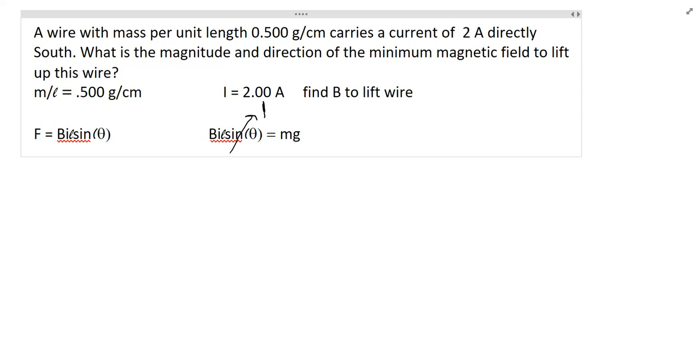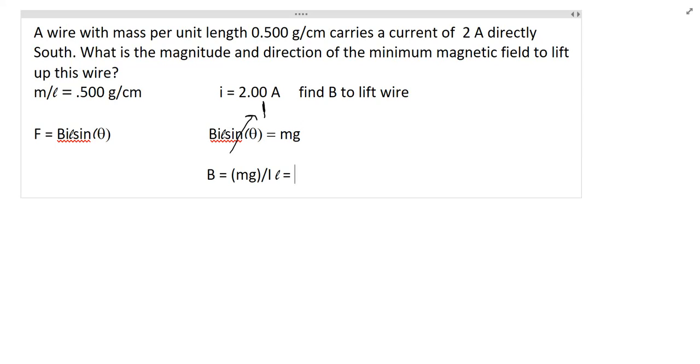So since we're trying to solve for magnetic field B anyway, let's divide both sides of that equation by I times L. If we regroup terms, we can write it this way: B equals mass per unit length times gravity over current. And mass per unit length was given in the problem.